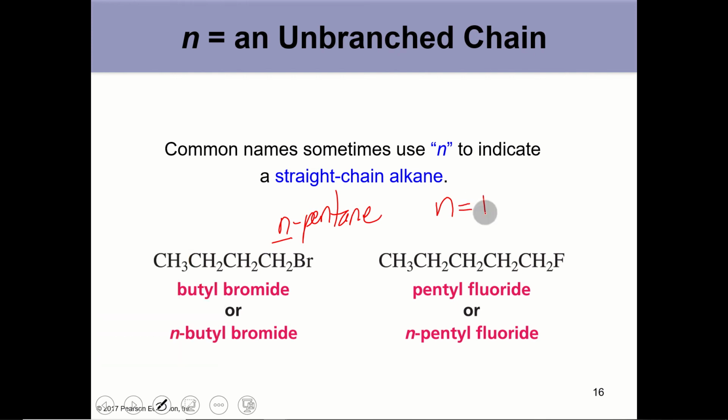And what the scientists are calling normal in this case is an unbranched chain of carbons or straight chain alkane. All carbons are connected in series and there are no branches off.